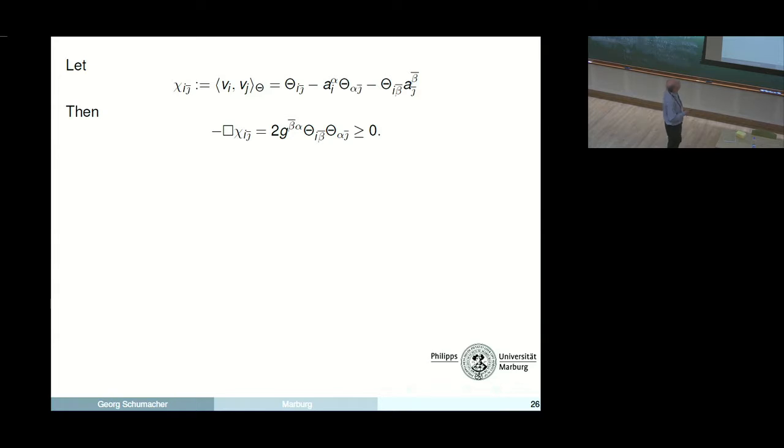And this formula tells us that the Laplacian of a certain function is non-negative. So if we do this for a general base, this equation has to be read as a matrix of Hermitian functions, and it says positive semi-definite.